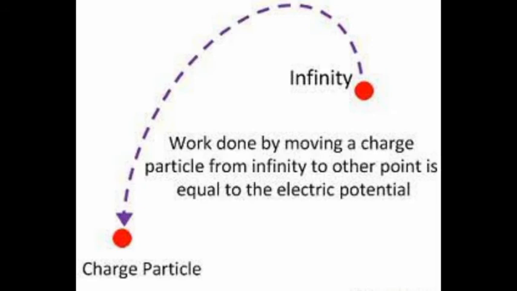In order to bring a unit charge from infinity to the current location, we have to do a small amount of work, and that work is stored as the electric potential in that charge at that particular point. Electric potential at a particular point means it is the work done to bring a unit charge from infinity to that particular point.